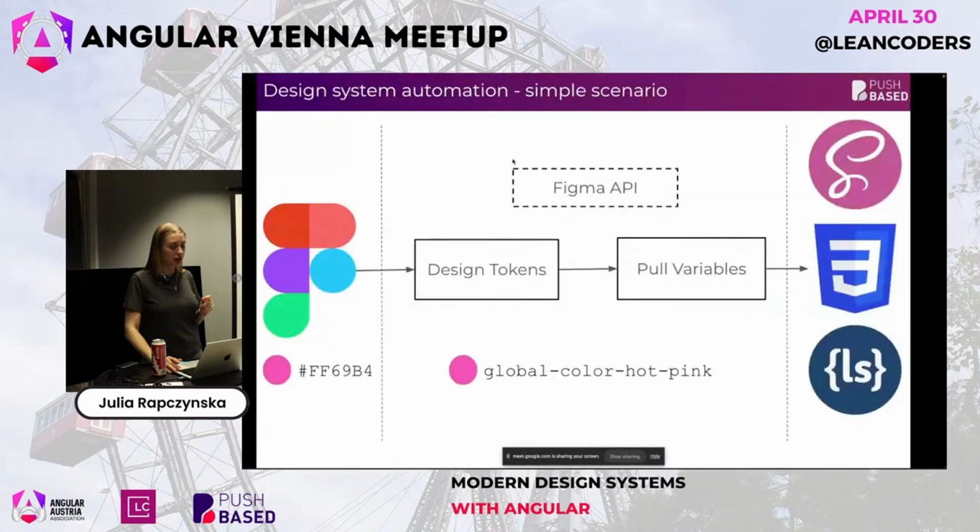We have a few ways to automate the design system to work for us instead of doing this once again, copying, pasting, and maintaining the design tokens. The first thing you can do, using Figma as an example of the design solution, is this: when there is a variable defined there, which later lands as the design token in Figma, we can use the Figma API to pull those design tokens.